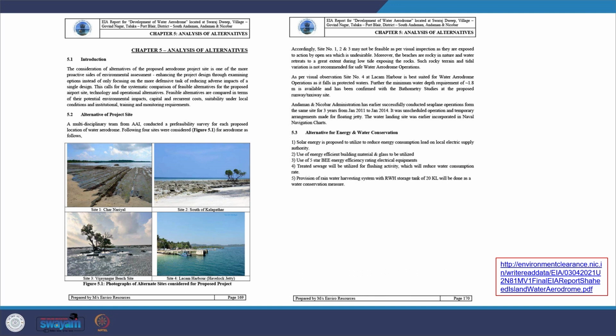For this, they looked into the solar energy option for the supply of electricity, and then also use of energy efficient building materials, and what kind of rating they would have in their functioning, and how they would also recycle sewage, what kind of sewage treatment they would undertake to reduce the consumption of water, and then also how they would harvest rainwater for protection or conservation of water.